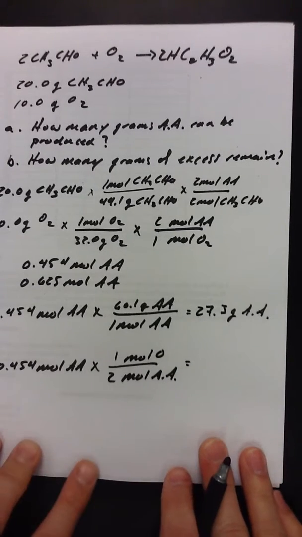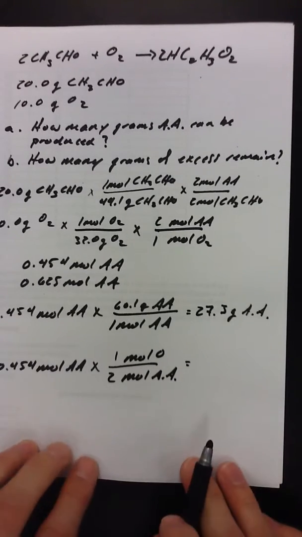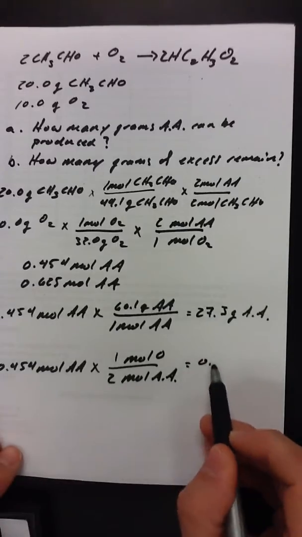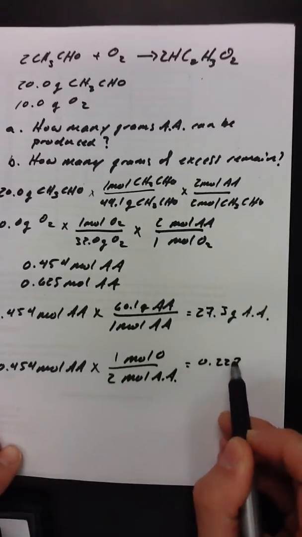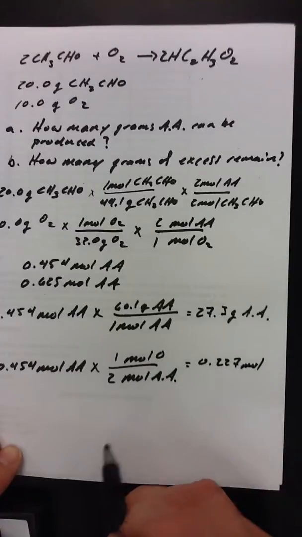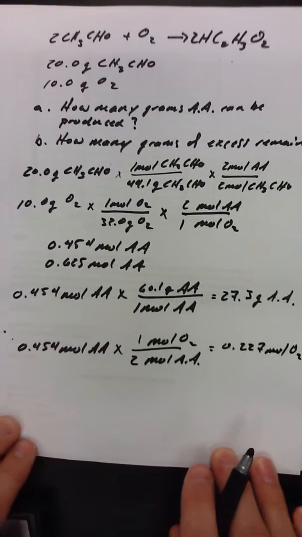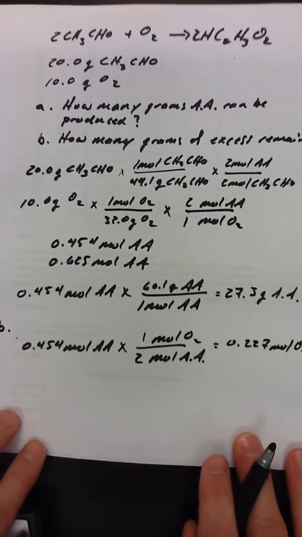We do this calculation, and we end up with 0.454 divided by 2, which gives 0.227 moles of oxygen. Now that we have moles of oxygen, we can convert over to grams.